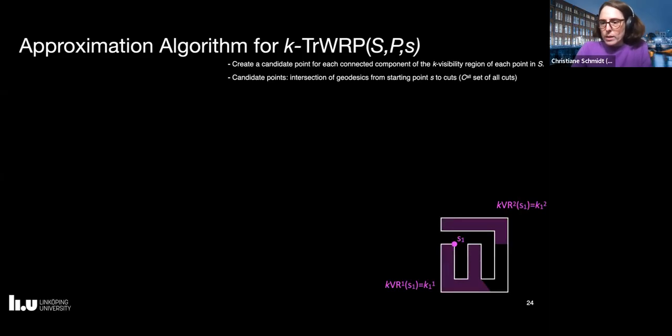Here we have a point S1, and we have two connected components of the k-visibility region, and if we introduce a starting point S, then we have one window, so an edge of a connected component of the k-visibility region that is not an edge of, or a subset of an edge of, the polygon. So here these two would be our cuts, and these are the ones that any path from S to any point in that connected component needs to cross. And so we'll look at the intersection of geodesics from our starting point to all of these cuts.